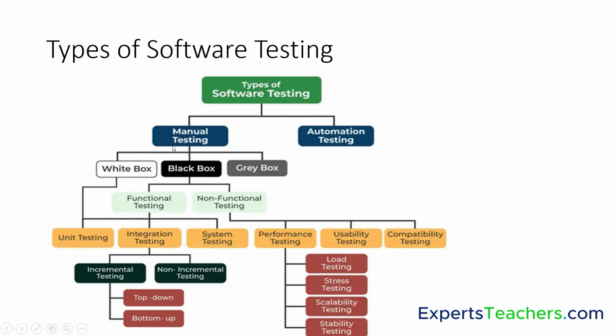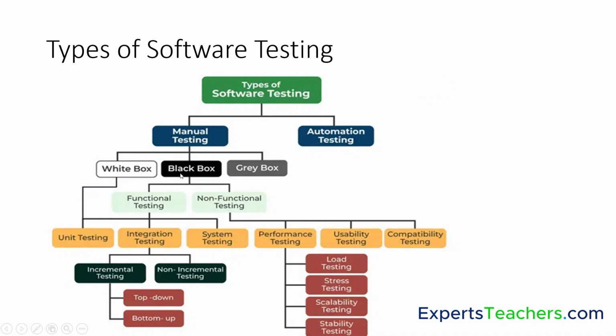Manual testing is further divided into three categories: white box, black box, and gray box. In white box, code knowledge is required, but in black box there's no need of coding knowledge. We just execute the application and find the issues on the website or application. Gray box is a mix of white box and black box.